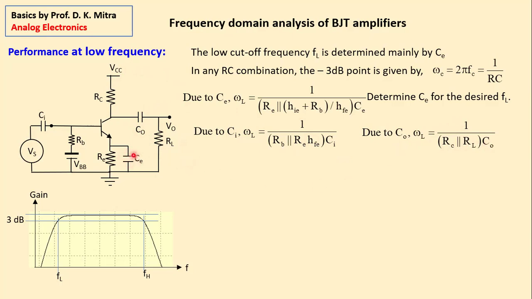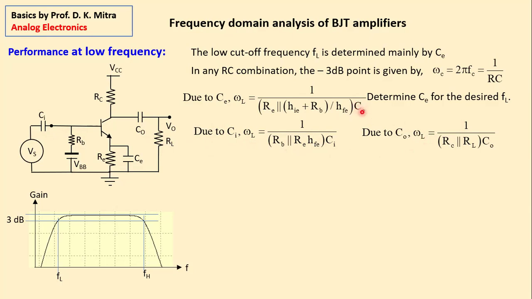Due to the emitter bypass capacitor, omega L is given by this. Due to the input coupling capacitor, omega L is given by this. For the output coupling capacitor, omega L is given by this. So you have three omega L's. The method, as I told you, is that you first determine CE, because this plays the most predominant role.